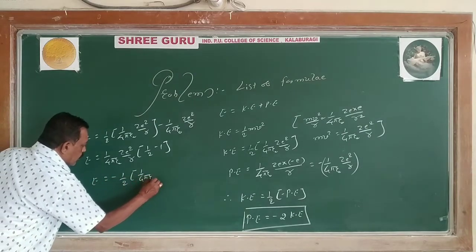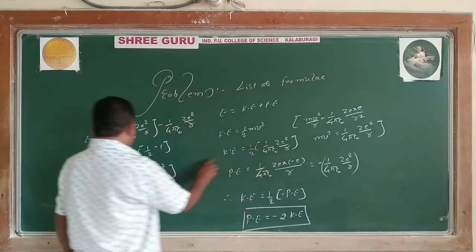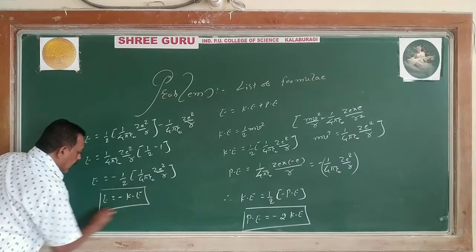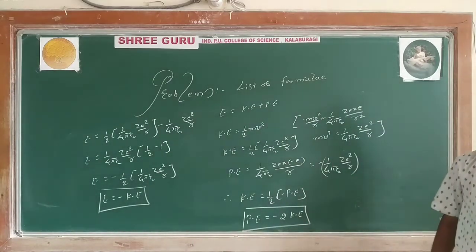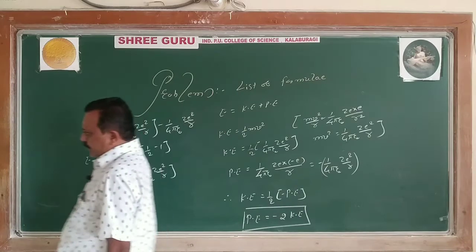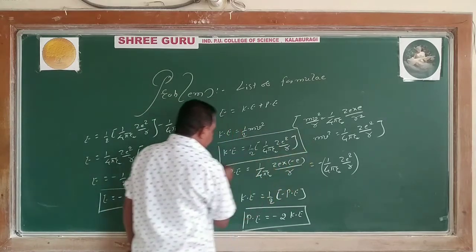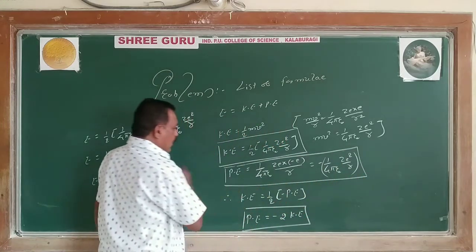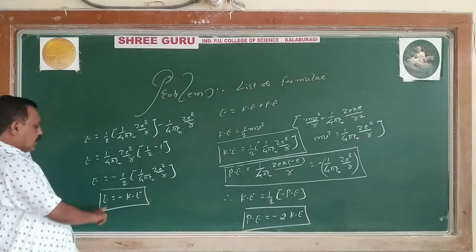This complete term is nothing but E equals minus kinetic energy. Kinetic energy equals minus E. So total energy equals minus kinetic energy. Remember these equations: potential energy equals minus 2 times kinetic energy, and total energy equals minus of kinetic energy.